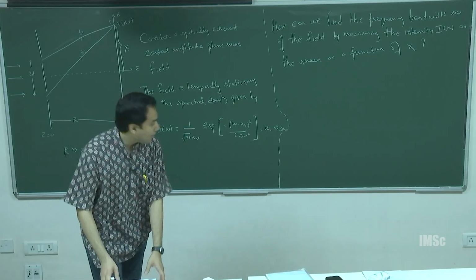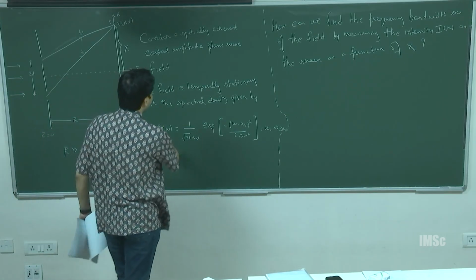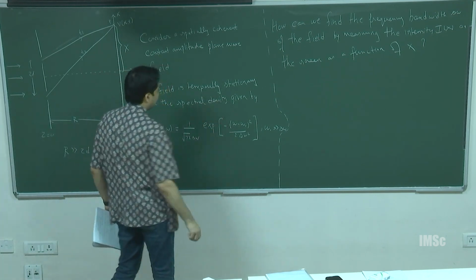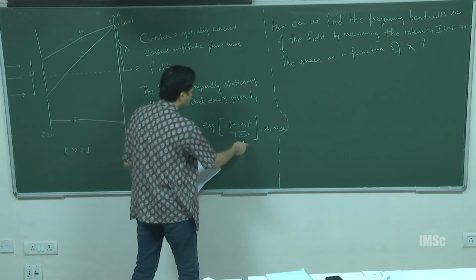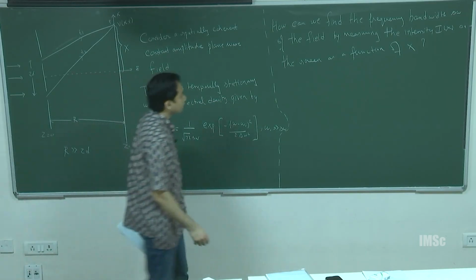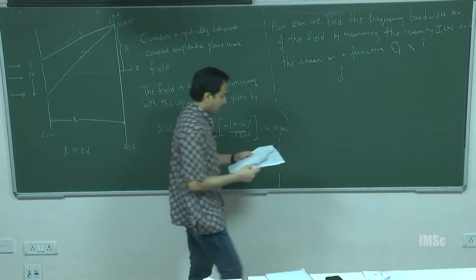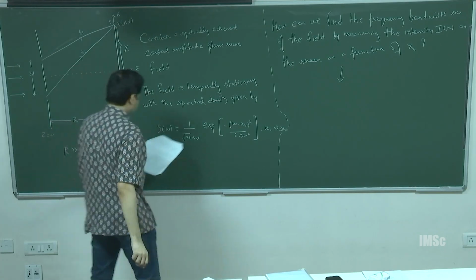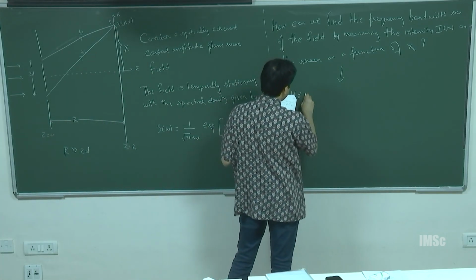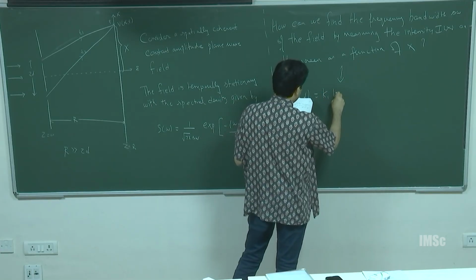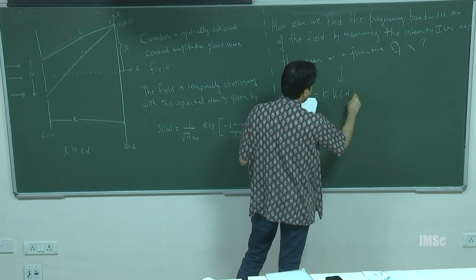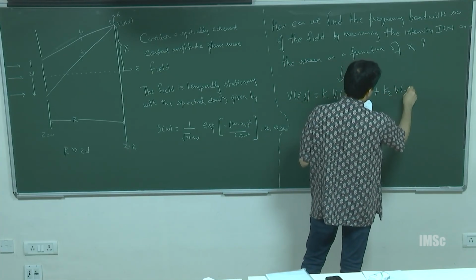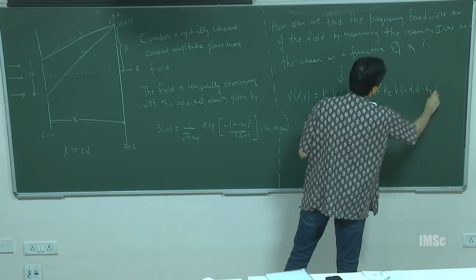We have been told that the field is stationary, and this is the spectral density, and we had to determine delta omega. Once again, we know that the field at this point P can be written as k1 V1 of d, t minus t1, plus k2 V2 of minus d, t minus t2.